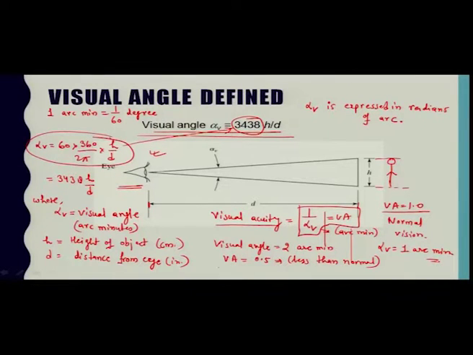So values greater than 1 mean better than normal visual acuity. If VA is greater than 1, it indicates that the vision is better than normal visual acuity.